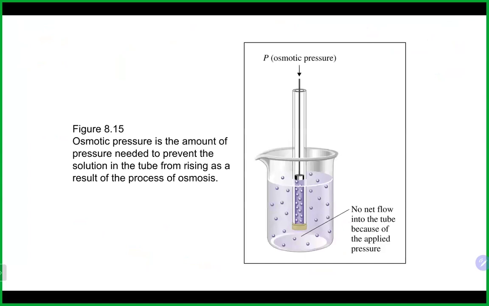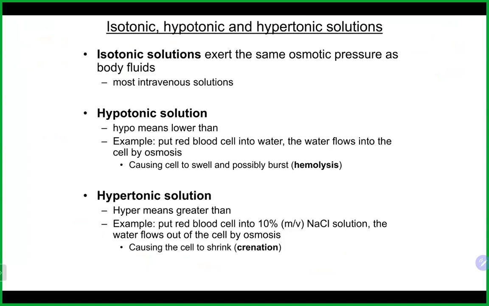All right, so let's talk about a few different types of solutions as well, and that is isotonic, hypotonic, and hypertonic solutions. Isotonic solutions exert the same osmotic pressure as body fluids. It is typically the solutions that are used in IVs, because if you're giving somebody an IV, you probably don't want to screw up the osmotic pressure of their cells, because bad things could happen in that case.